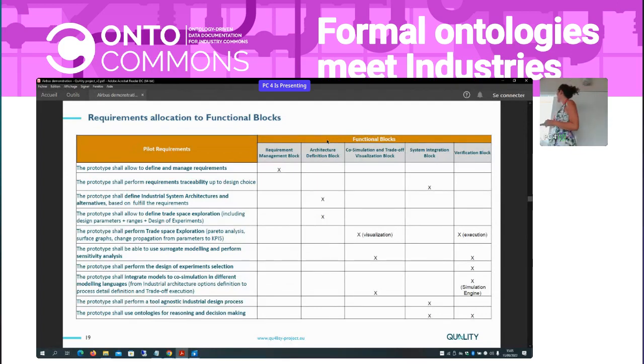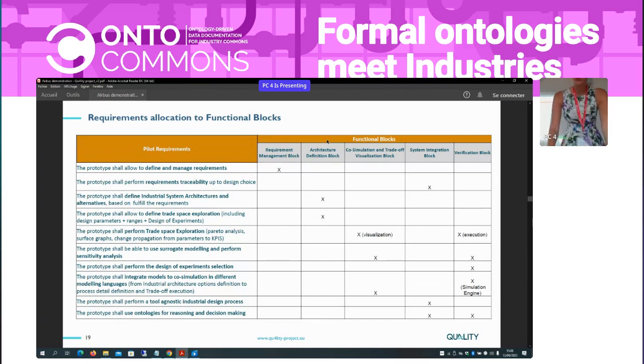That will be supported by the visualization block and the verification block. And of course, have a tool agnostic industrial design process so that everything we do in this prototype is transferable to another toolset choice, and that we use ontologies for reasoning and decision making in this prototype.